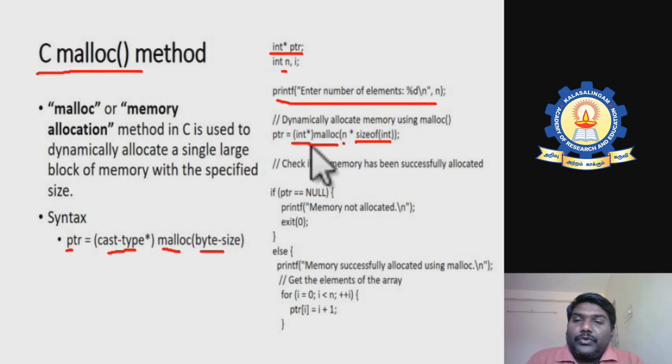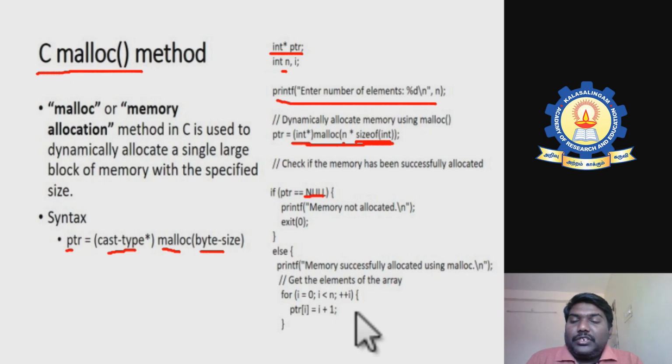Now after doing this, if the creation is successful, it will provide a valid pointer, and if it is not successful, it will provide a null value. So we are checking for null. If the pointer is equal to null, the memory is not allocated. We can show some error message and exit right there. And if it is successful, we can do the other operations. For example, if we want to assign values into this dynamically created pointer array, we can just loop from 0 to n, for n times.